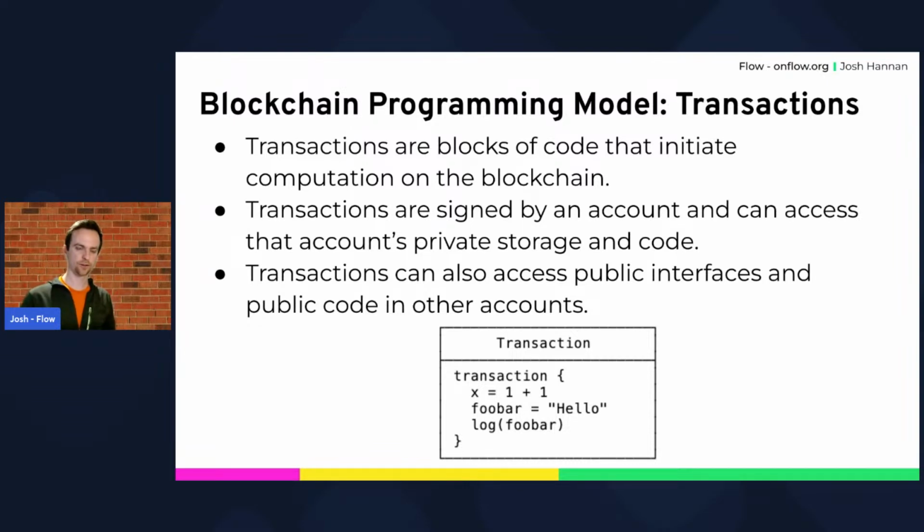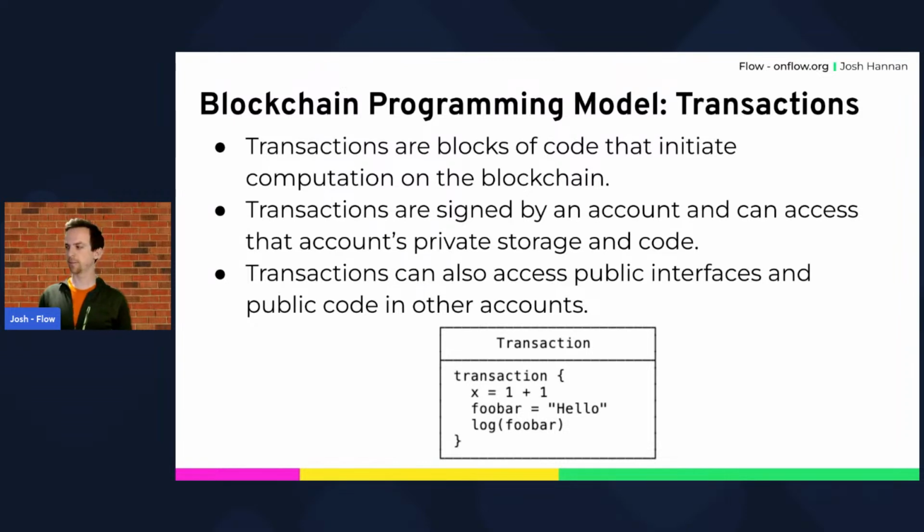Transactions are always signed by an account and can access the account's private storage and private deployed contract code. Additionally, they can access any public contracts or public interfaces, like those public APIs that I talked about earlier, that are stored in other accounts.